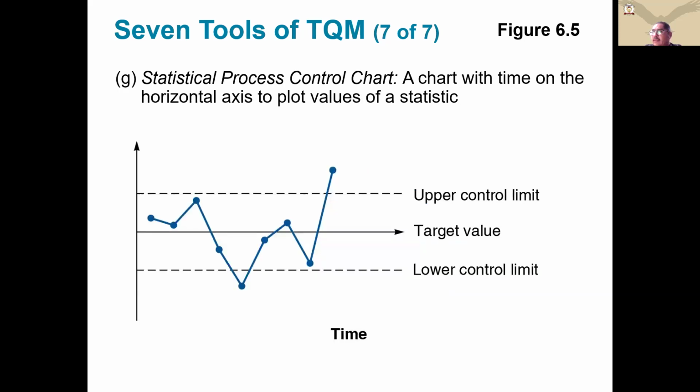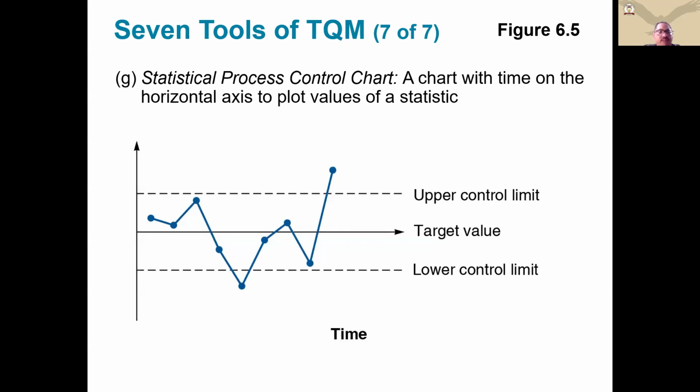And finally, we'll talk about the statistical process control chart. It's a simple chart, and there is a target value. Of course, there are certain parameters, as there may be some margin of error. So the process establishes an upper control limit and a lower control limit, a plus or minus margin of error around the target value.